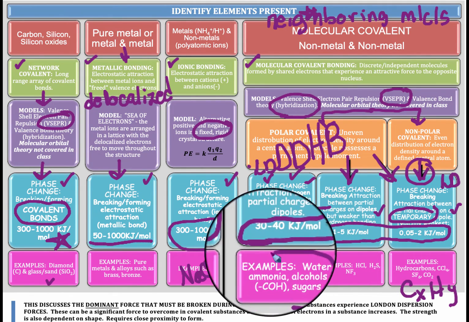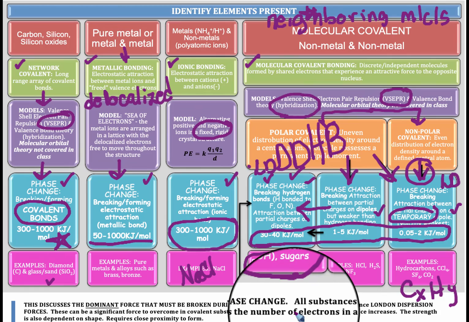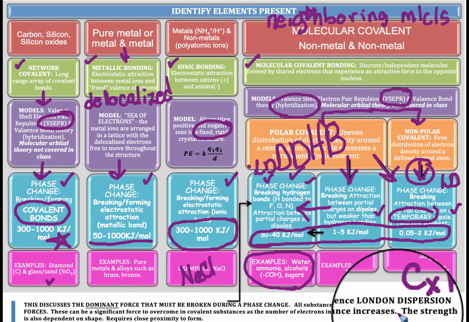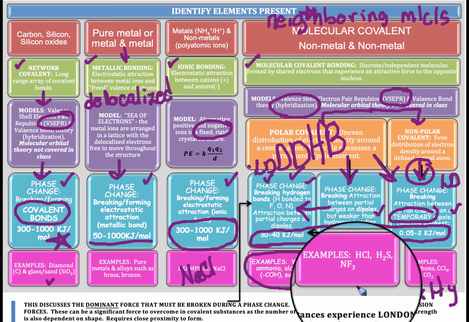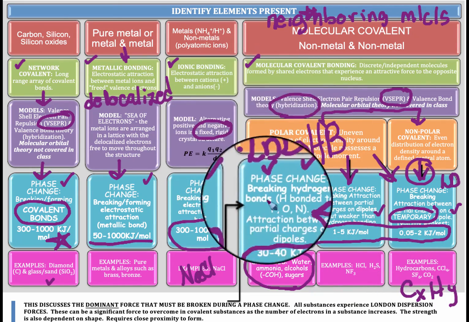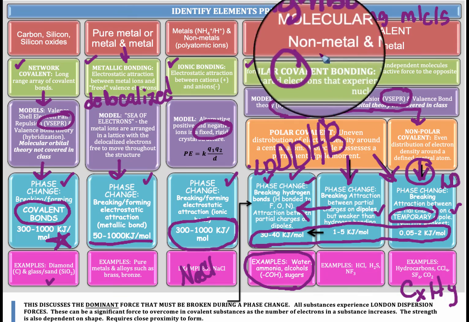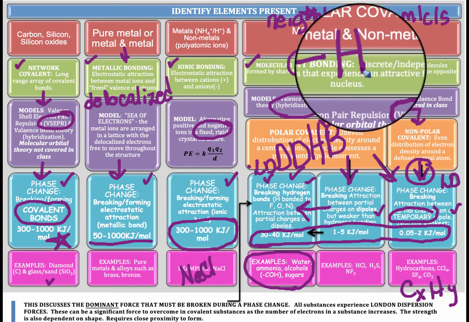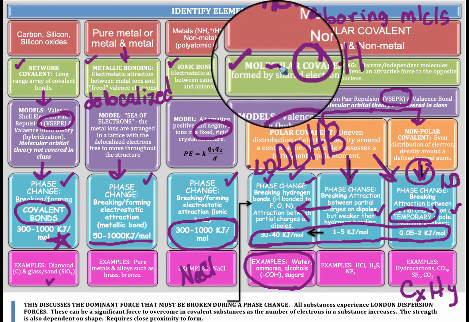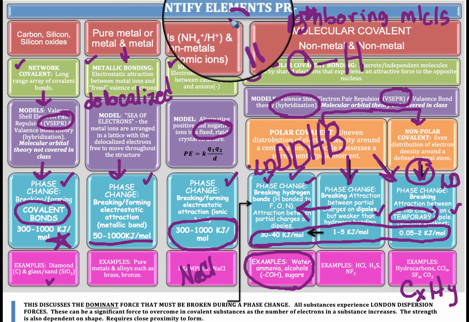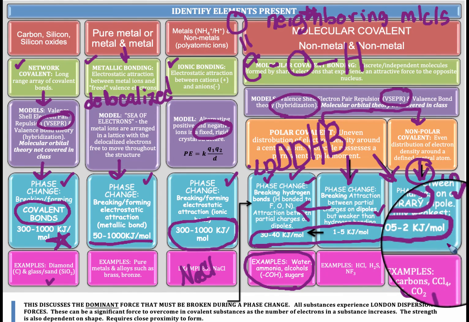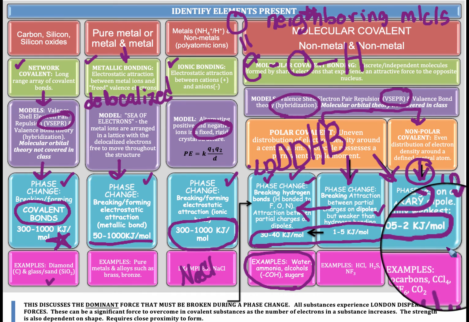Prominent examples for hydrogen bonding are going to be water, ammonia, NH3, alcohols. Alcohols have OH groups in them. Acids have C double bond OH, even stronger hydrogen bonding. Sugars have a lot of hydrogen bonding, which is why sugar is so soluble in water.